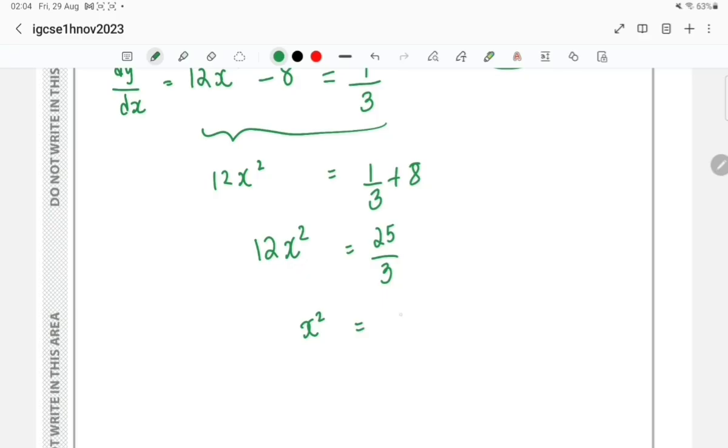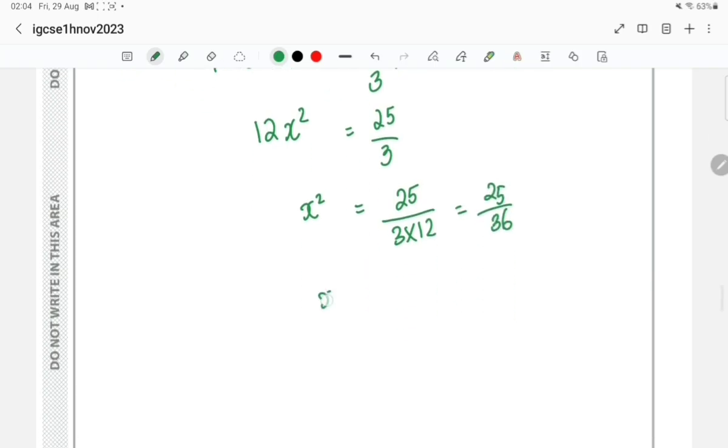Now x squared will be equal to 25 divided by 3 times 12, so 25 over 36. And from that, my x would be equal to plus or minus the square root of 25 over 36, which would be equal to plus or minus 5 over 6, because these two are square numbers.